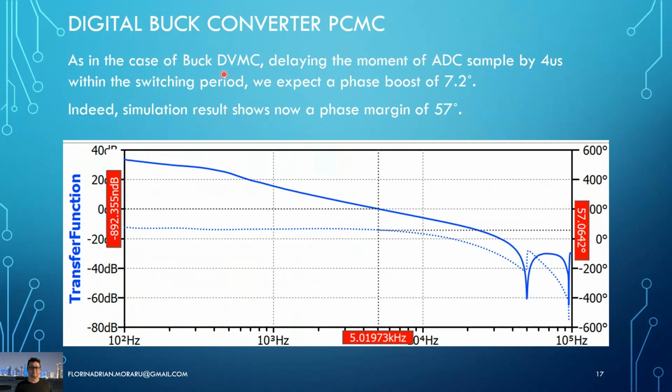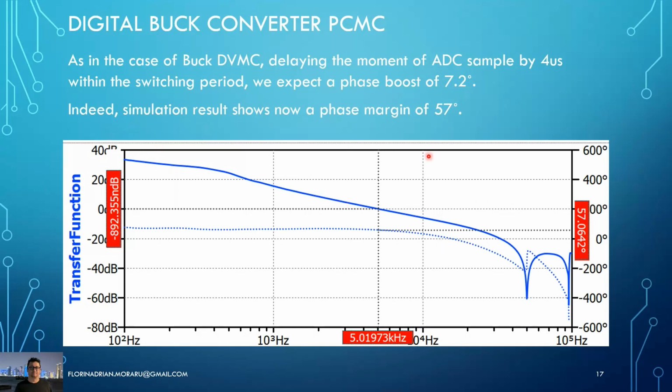Okay, as we saw again in buck converter with digital voltage mode control, delaying the moment when we trigger the ADC for sampling by 4 microseconds, we expect a phase boost of 7.2 degrees.